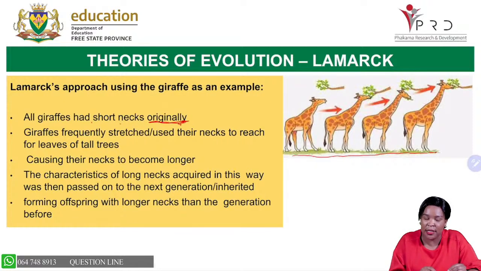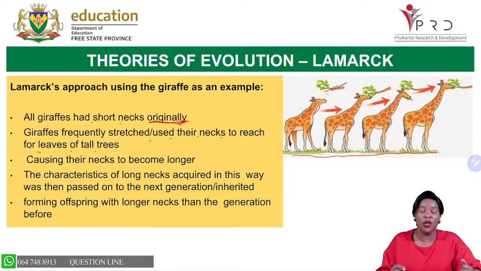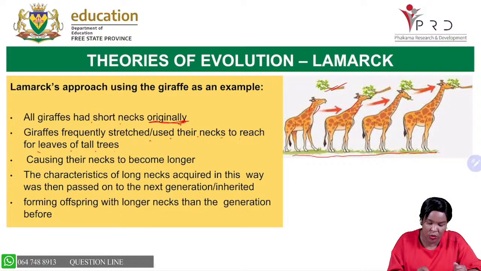Then what happened? The giraffes frequently stretched or used their necks to reach for leaves of tall trees. So you see, they kept on reaching, from having a short neck, causing their necks to become longer. So according to him, just by this giraffe stretching their necks, they are going to be long.